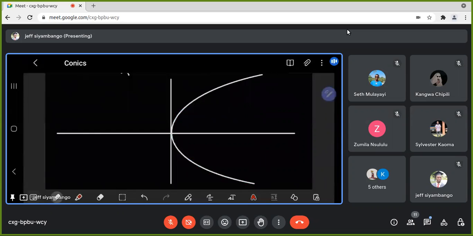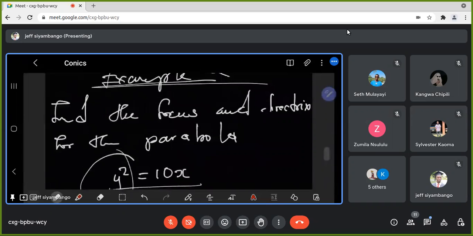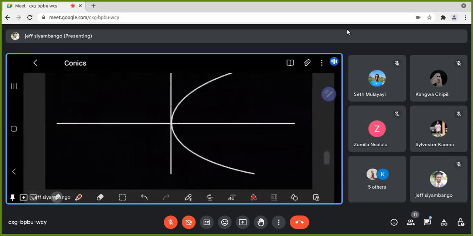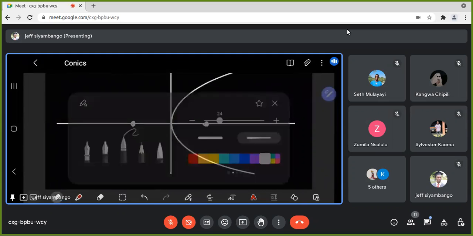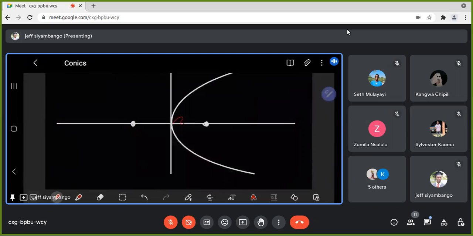Now, in the first part, we want to find the focus. For such a parabola, the focus is located along the x-axis somewhere here, and then the directrix will have to be somewhere here. So the distance from the center here to the focus is what we need to find so that we understand where the focus is, as our point F.